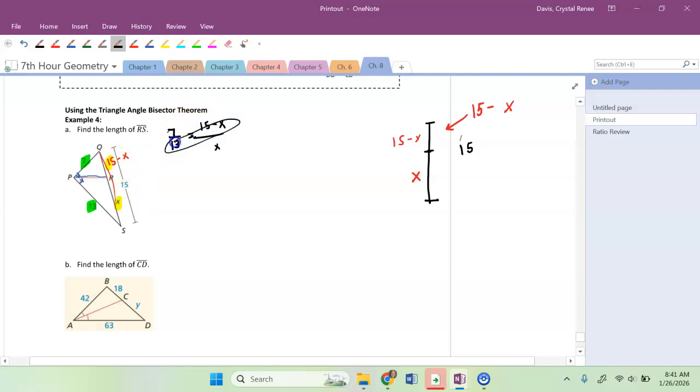Okay, so cross multiply, so 13 times 15 minus x is equal to 7 times x. 13 times 15 is 195 minus 13x is equal to 7x.